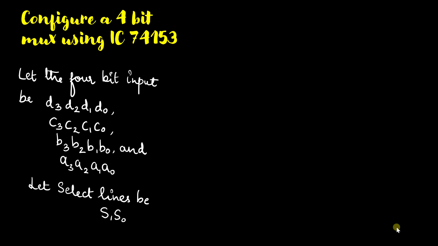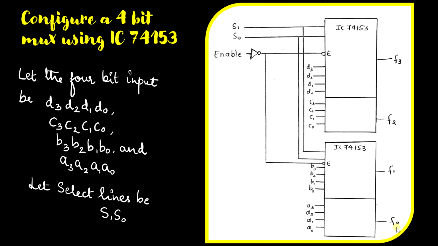So you have D3, D2, D1, D0, C3, C2, C1, C0, B3, B2, B1, B0 and A3, A2, A1, A0. Because the IC 74153 has just 2 select pins, I am going to use the select pins S1 and S0.